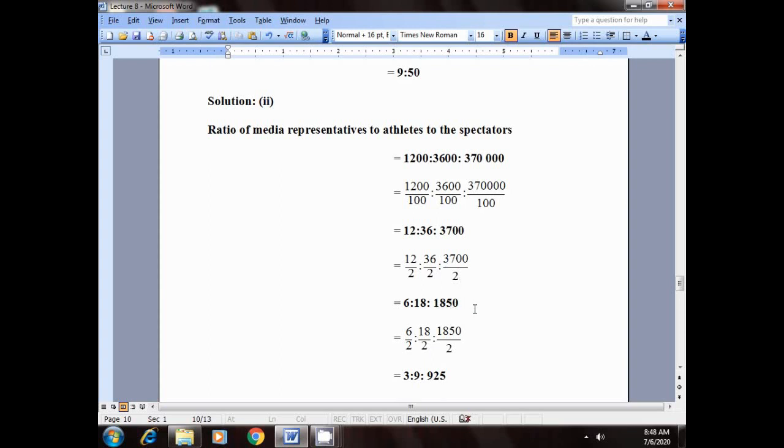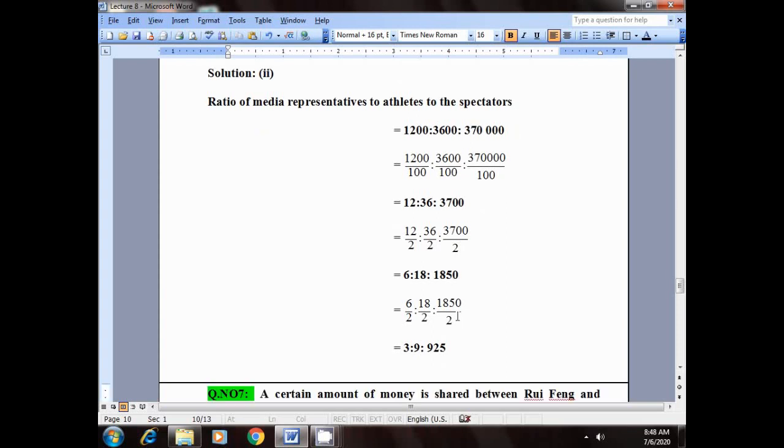Then 6 divided by 2, 18 divided by 2, and 1,850 divided by 2. 2 times 3 is 6, and 2 times 9 is 18, and if you divide this 1850 by 2, the quotient will be 925, which is the simplest form of the ratio given in the question.